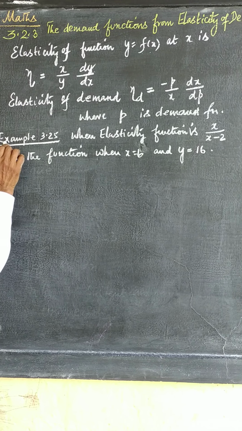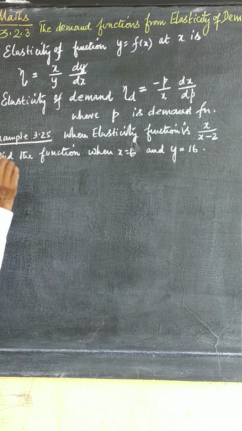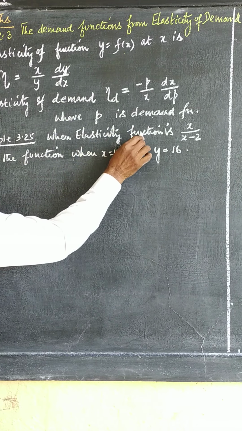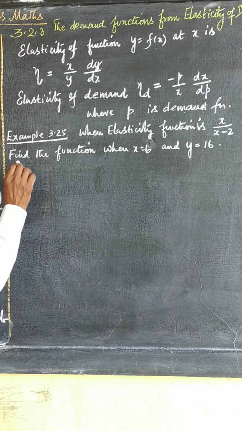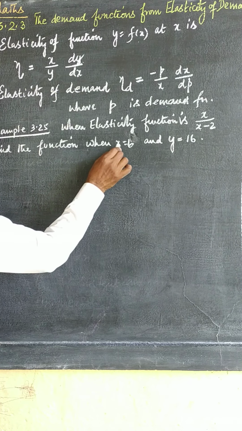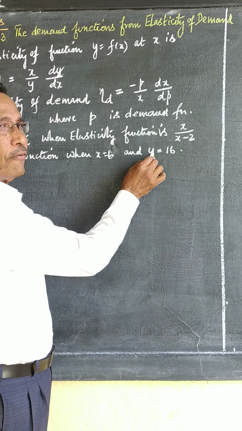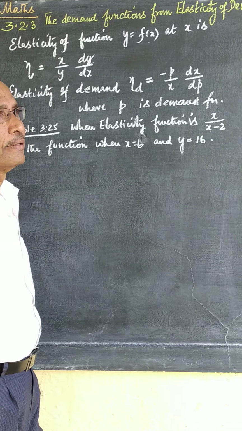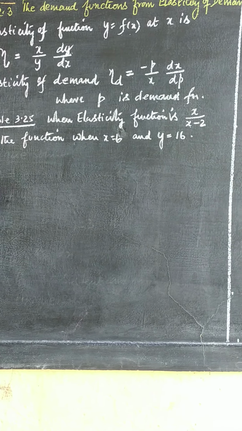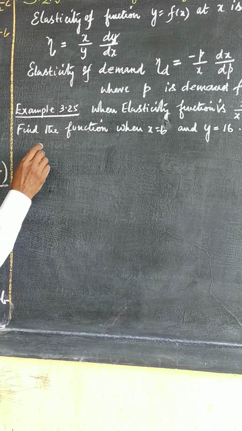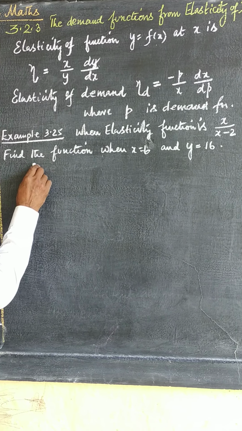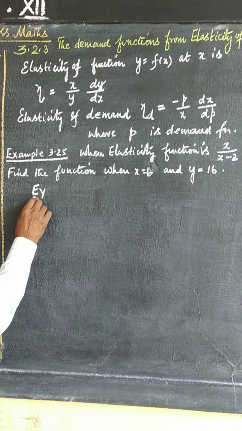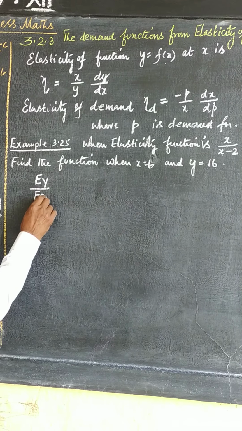Now we shall see the example 3.25. When elasticity function is given as x by (x minus 2), find the function when x is equal to 6 and y is equal to 16. Now we shall see this, that is Ey by Ex.